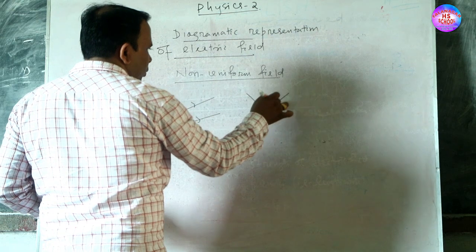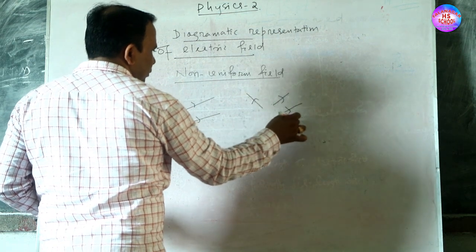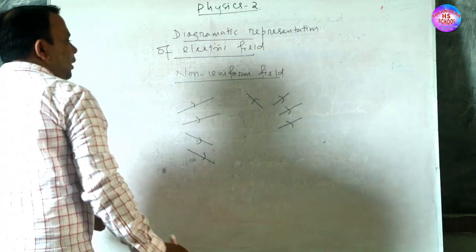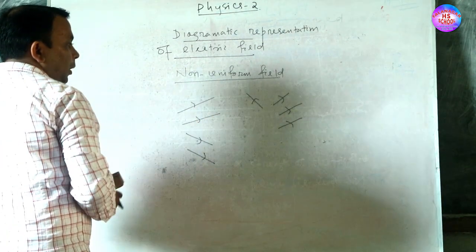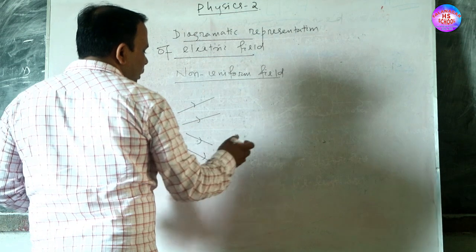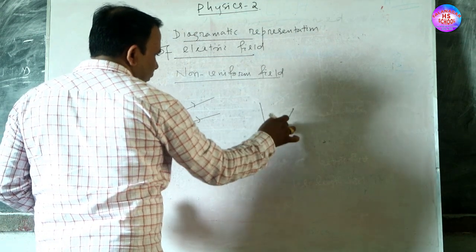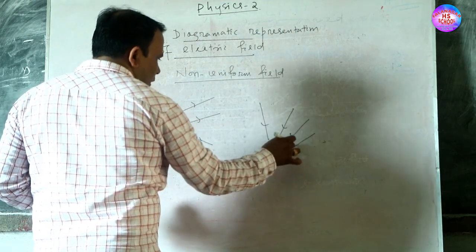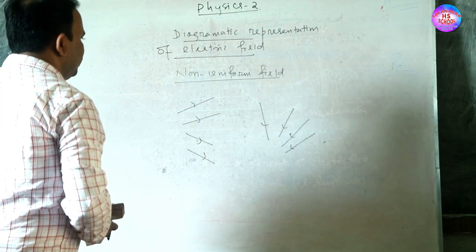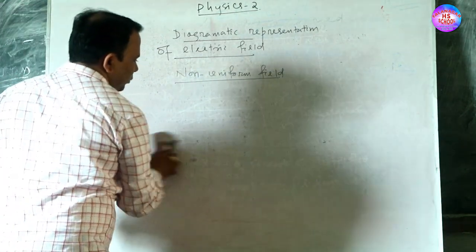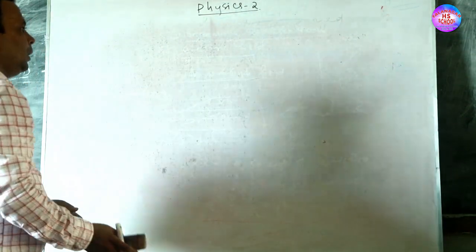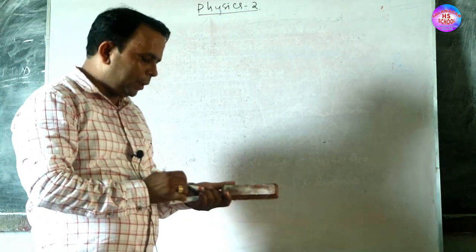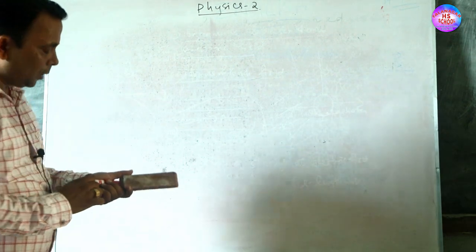If the lines of force converge or diverge, that is also a non-uniform field. These are the diagrammatic representations of the electric field.